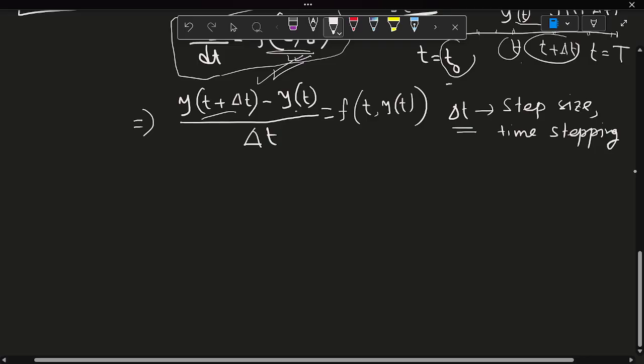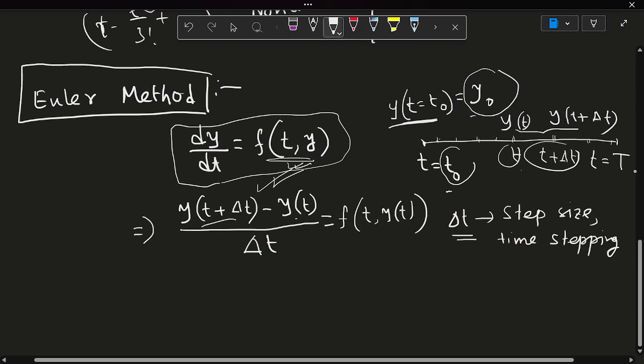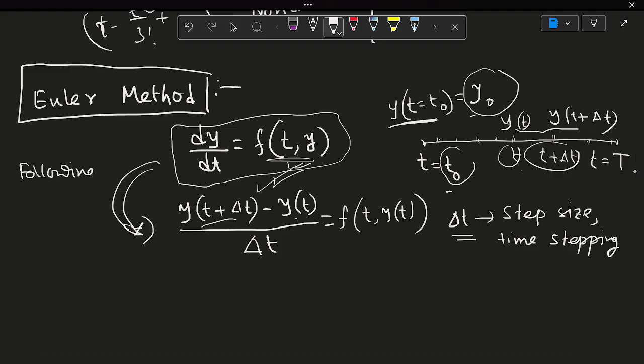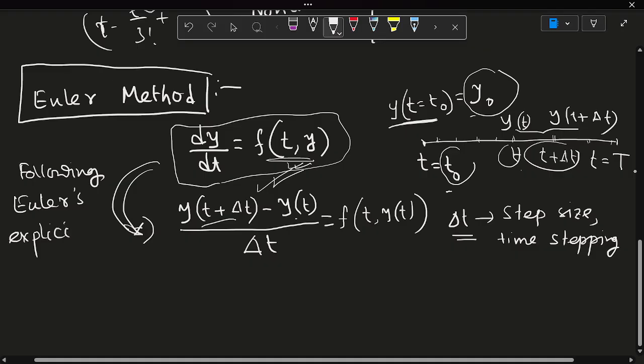So this line, we are using Euler's method, following Euler's method, and this is the explicit method.